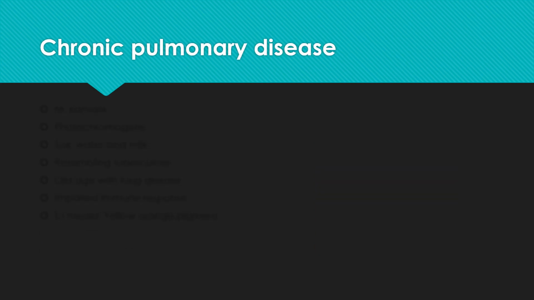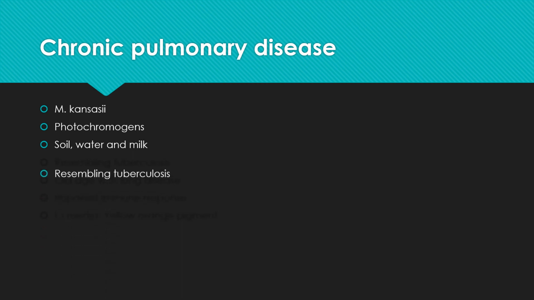Then the chronic pulmonary disease, which can be caused by Mycobacterium kansasii. This Mycobacterium kansasii is a photochromogen. The source of this infection is soil, water, and milk. This chronic pulmonary disease resembles tuberculosis.